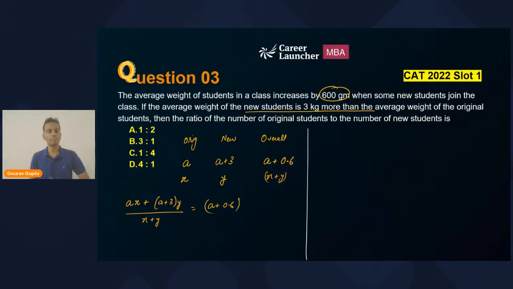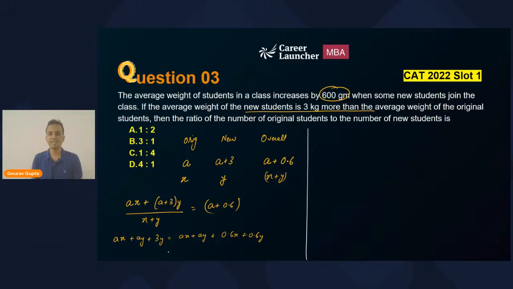Now we'll do cross multiplication and we will be able to find the ratio of the number of original students to the number of new students. So let's do the cross multiplication. On the left hand side I have AX plus AY plus 3Y, equal to AX plus AY plus 0.6X plus 0.6Y.